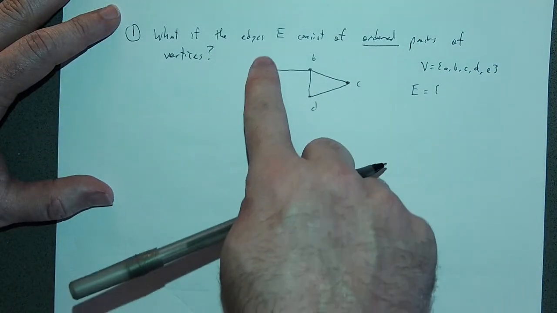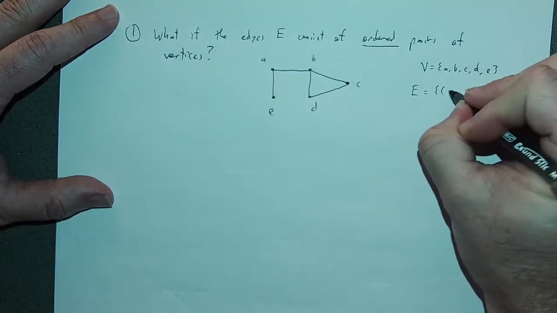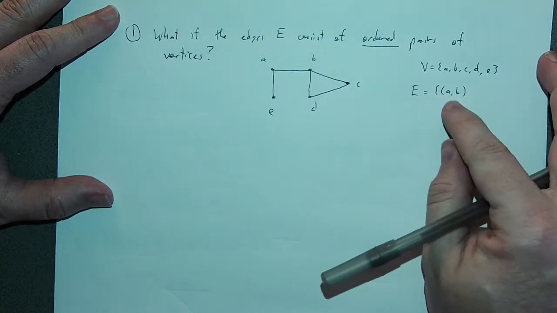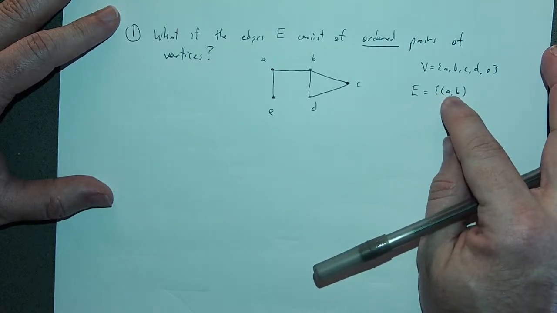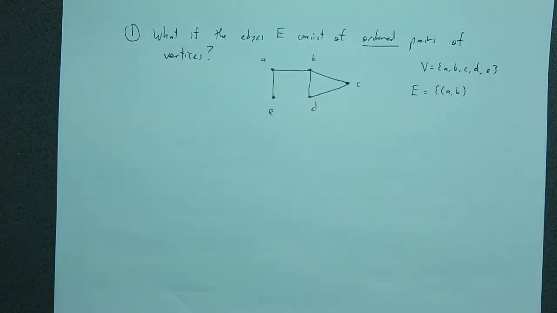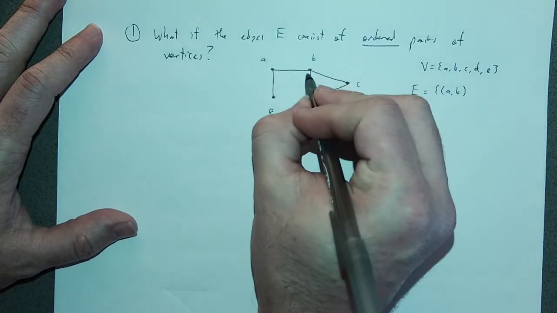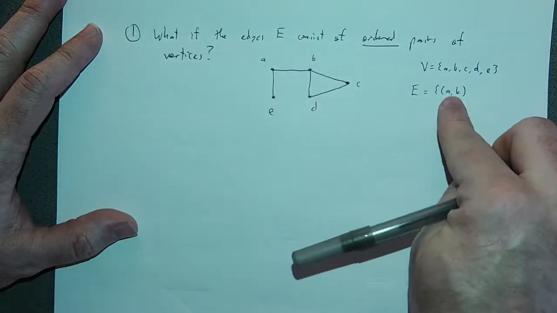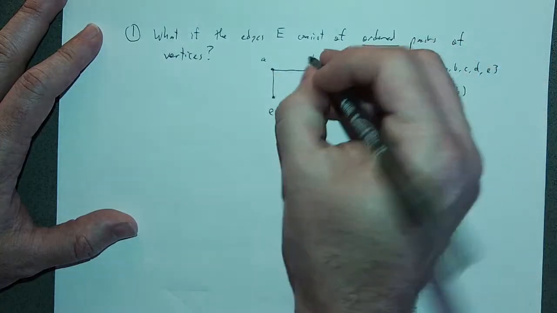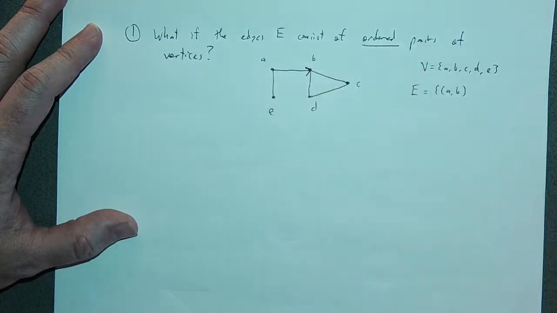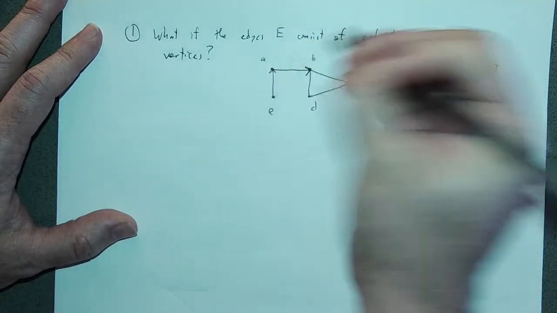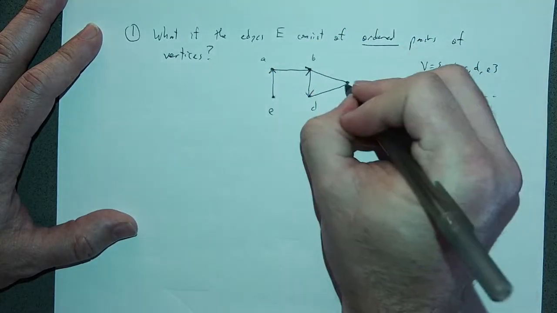When I draw in the edge AB, I am putting an ordering on this, and we will say the convention here is that this is from A to B, meaning that I'm tracking the order. And in order to actually do that, I'm going to put an arrow that indicates this is from A to B, so that the edge here is tracked as from A to B. I'm going to do that with the rest of the edges here, so I'm just going to do this sort of thing.